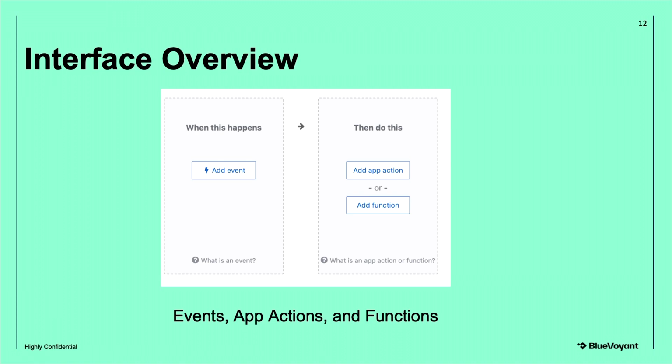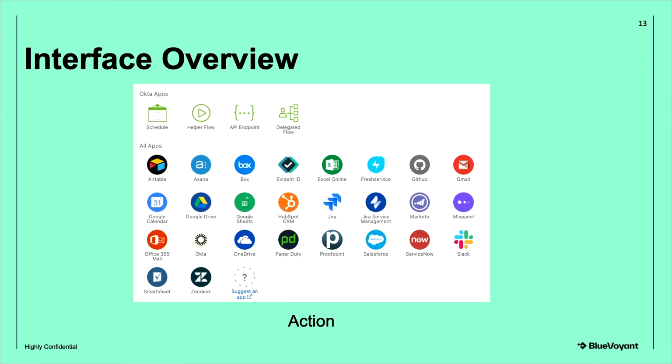And one of the first things that's super important to understand is the difference between an event, an app action, and a function. An event is something that tells this workflow to start. It could be something like a schedule. You can time it on a certain interval, on a specific day, whatever you want to do there.